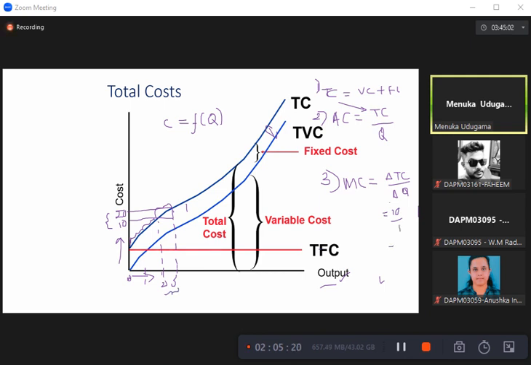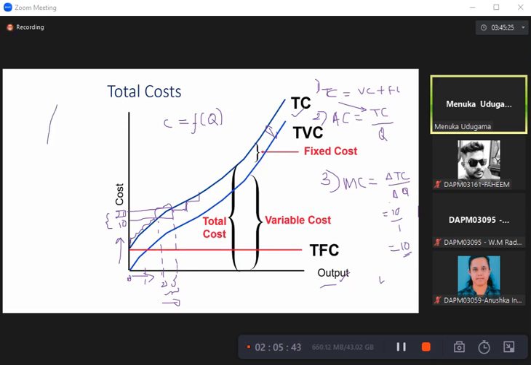The marginal cost when you increase output from 2 to 3 is 10, right? So you can see that the marginal cost is actually the slope of the total cost function, right?